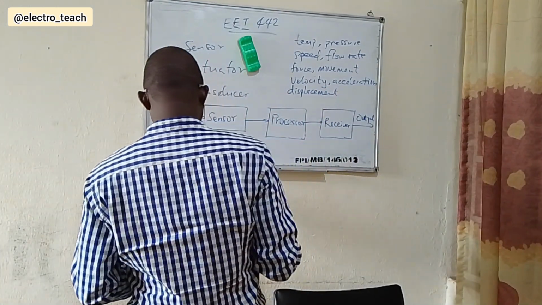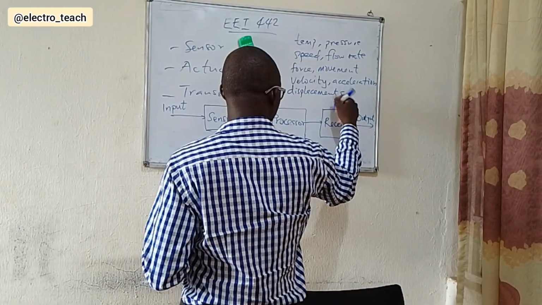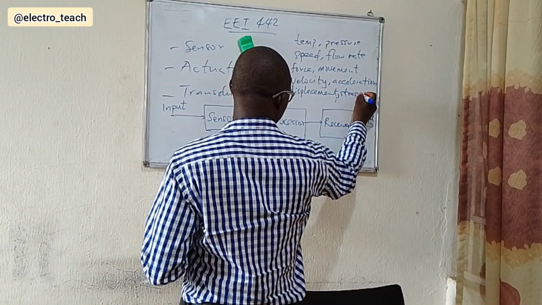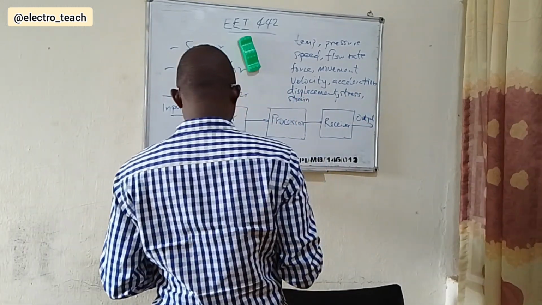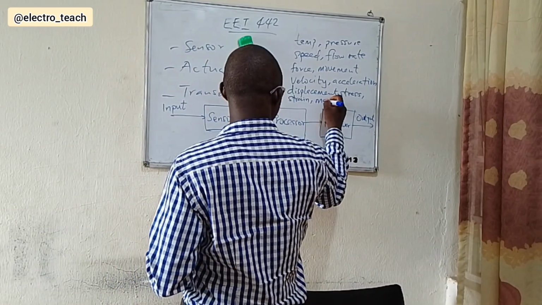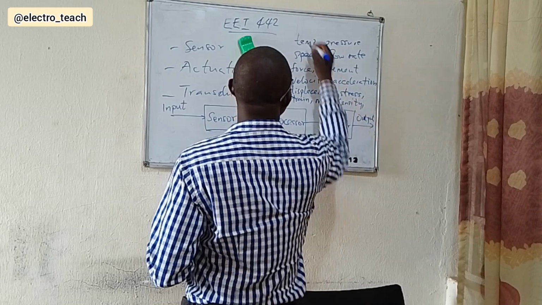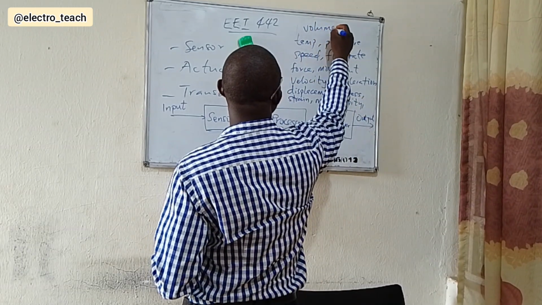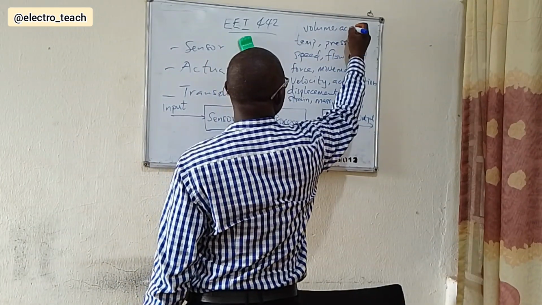Alright? It can be stress, strain. You know, it can also be weight, mass, density, volume, acidity or alkalinity.